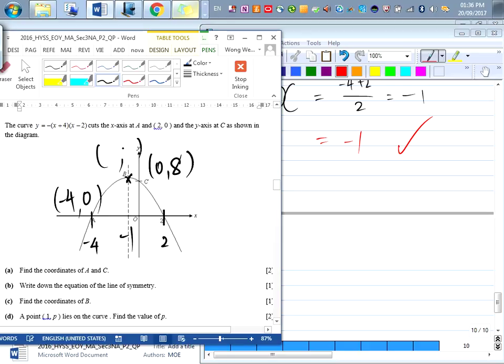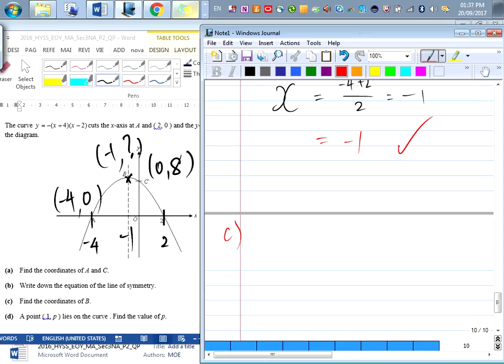What is the x coordinate of B? Hurry up, hurry up. X coordinate of B. -1. Y coordinate, we don't know yet.